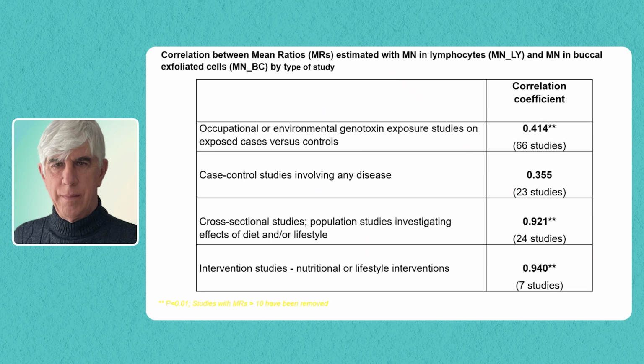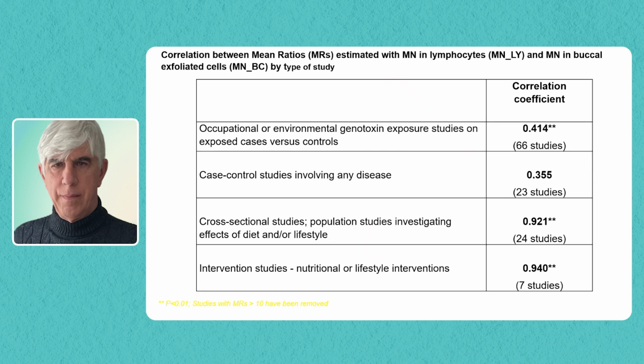Because if you do a study on occupational or environmental exposures, like the one we saw before, the correlation is good, but it's not that good. It's 0.4. But if you go to cross-sectional studies in which you investigate diet or lifestyle, or intervention studies, exfoliated cells and lymphocytes may be not that different.